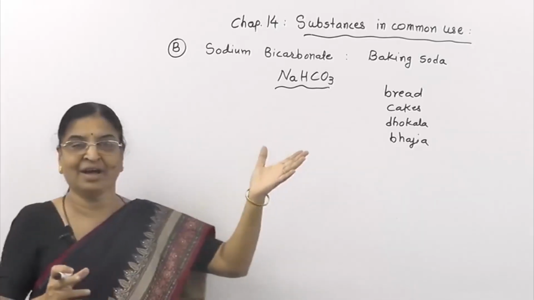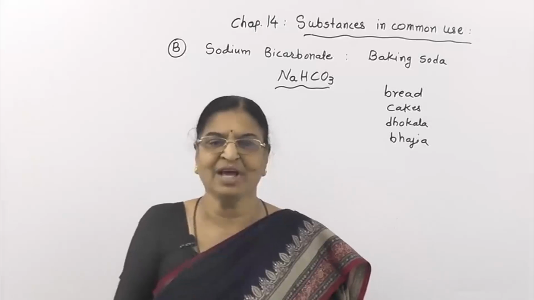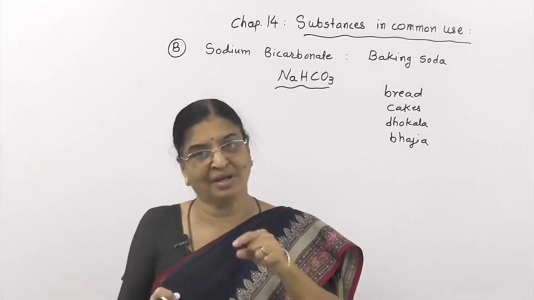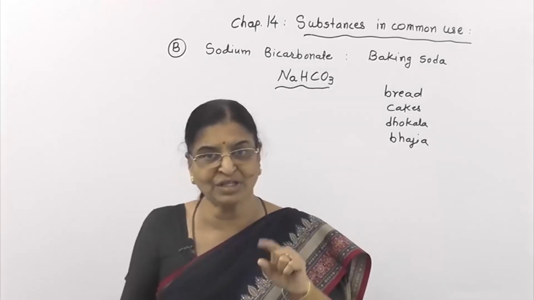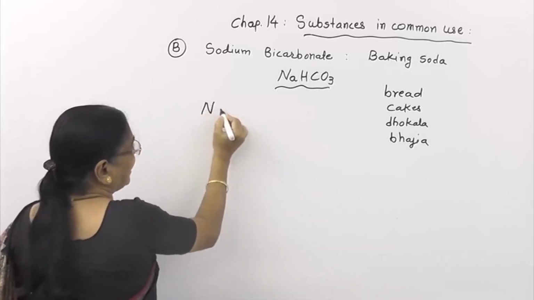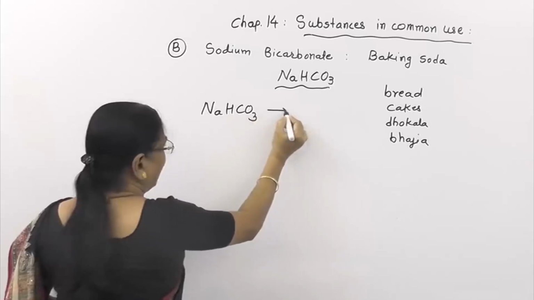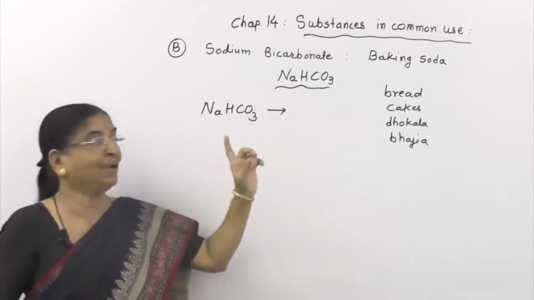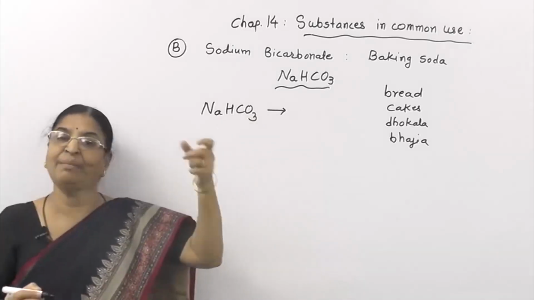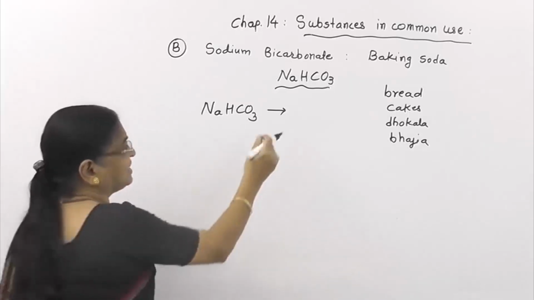So what is it? Of course, it is a whitish substance, and it is used in these bhajiyas because there is one chemical reaction of it. Suppose NaHCO3 is heated, then what will happen? But before that, what we generally do is put some acid in it.